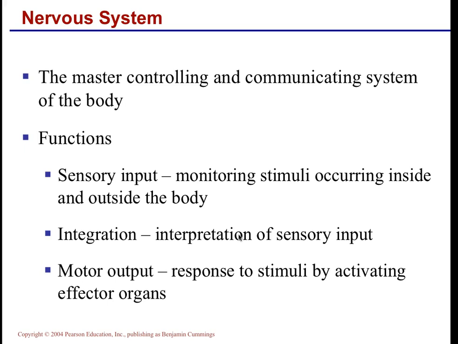So the brain and spinal cord are going to analyze that information that's brought in by the sensory, and it's going to then respond to that with a motor output, or sometimes it's called effector with an E, effector output. And that output is to do something that would allow the body to respond to it in a way that would bring back homeostasis.